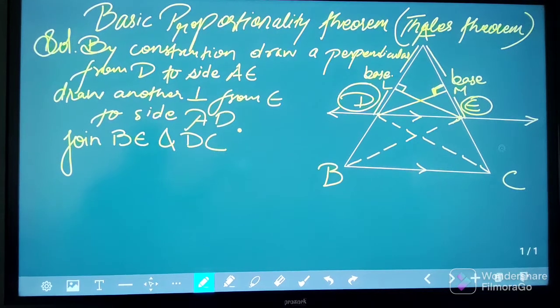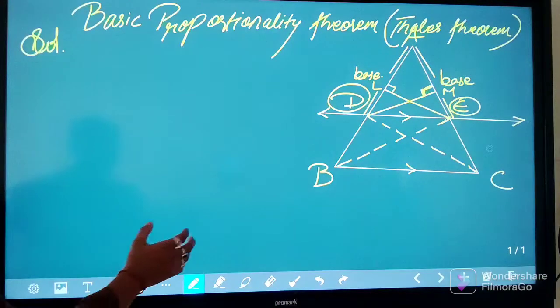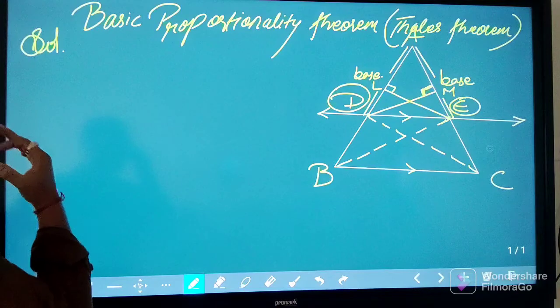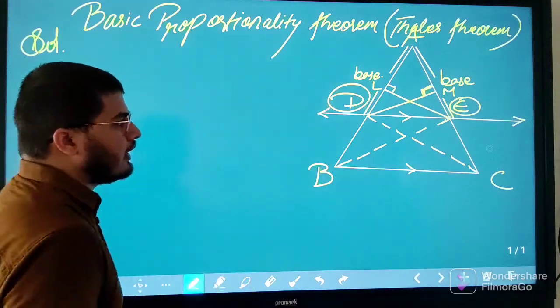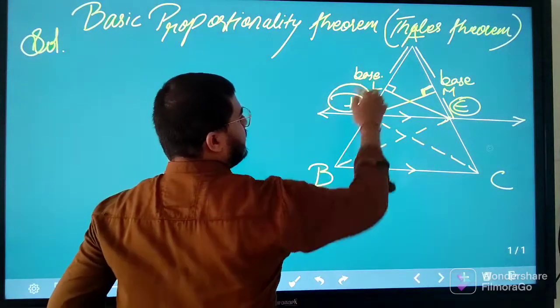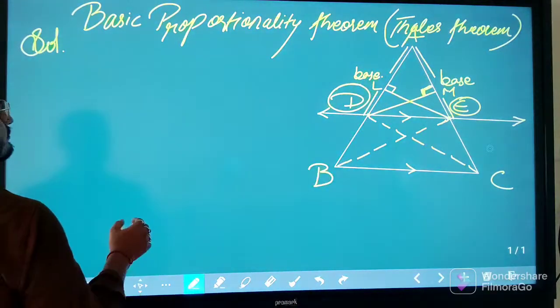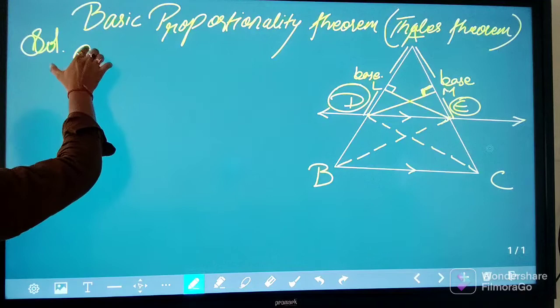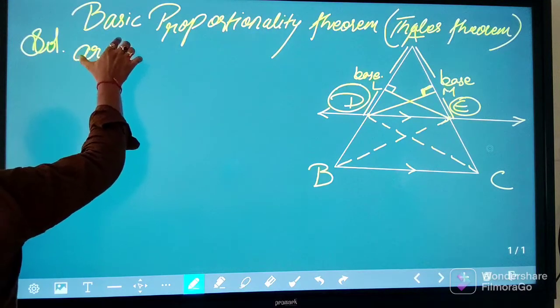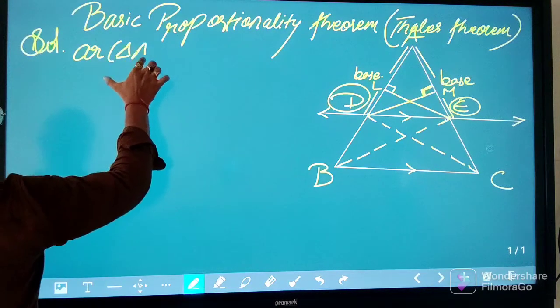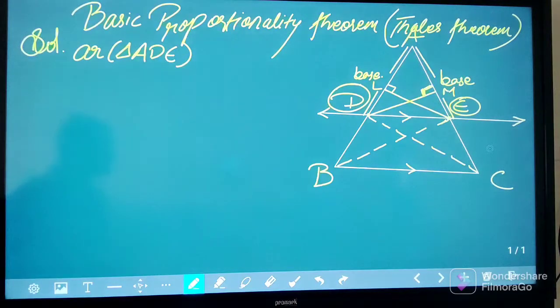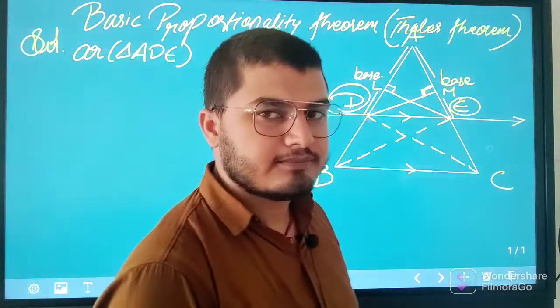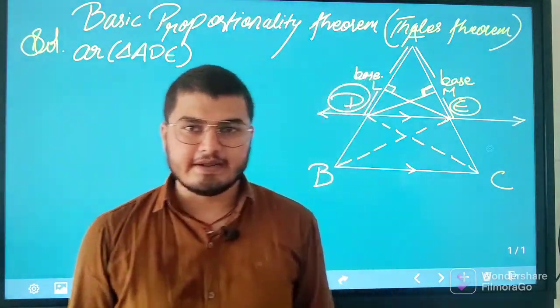So let us see. Now observe this triangle from the left side, that is this side, and if you are able to see the triangle ADE, so can you tell me what will be the area of triangle ADE? Do you remember what is the formula of the area of triangle? Yes, correct.